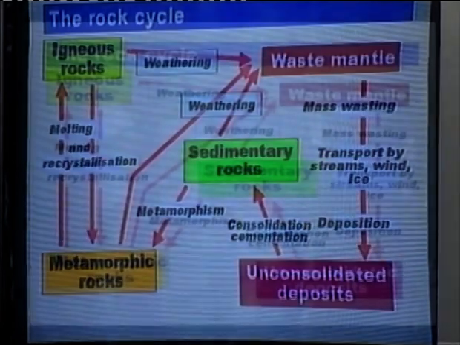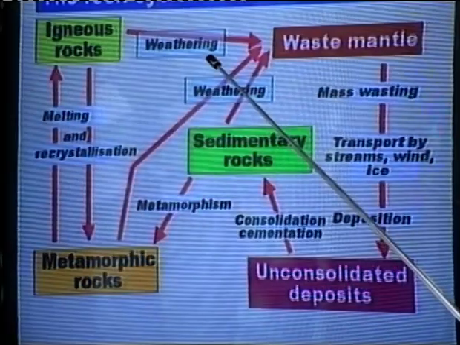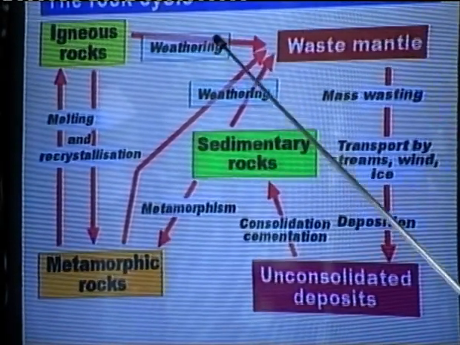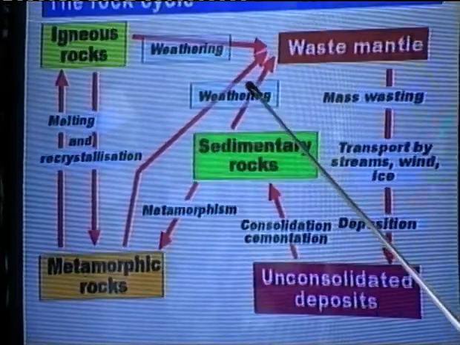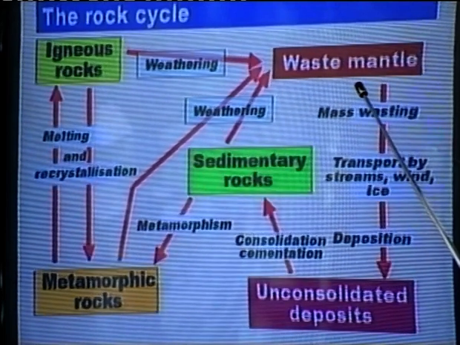To expand on that particular diagram, here we have sedimentary rocks, but before sedimentary rocks are formed, note, igneous rocks, metamorphic rocks, or even previous sedimentary rocks can be weathered. And when they are weathered, they are broken down into sediments or particles, which are moved through the process of what we call mass wasting.